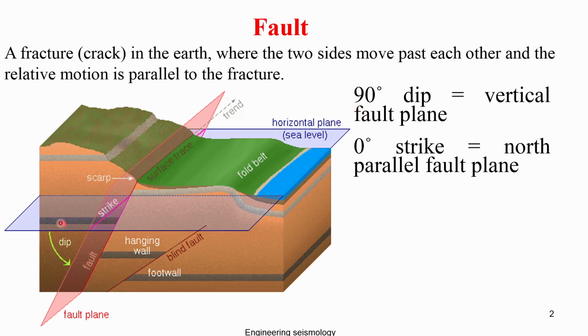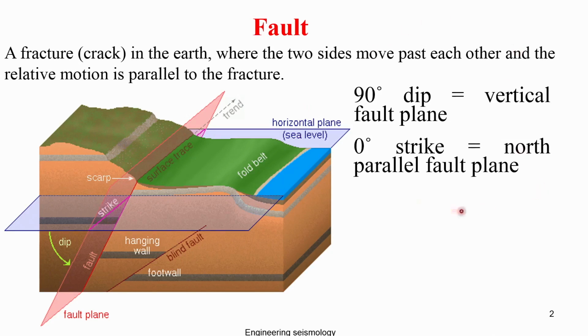The angle the fault plane makes with the north direction is called the strike. If the fault is oriented towards the north direction, you have a 0-degree strike.